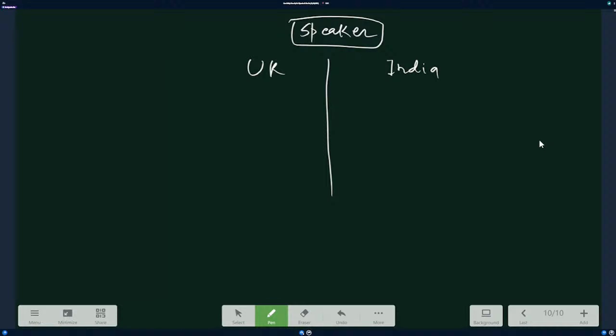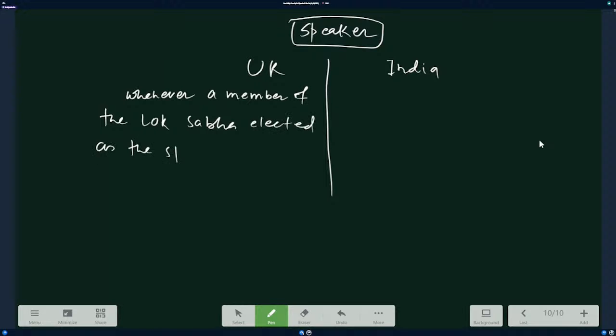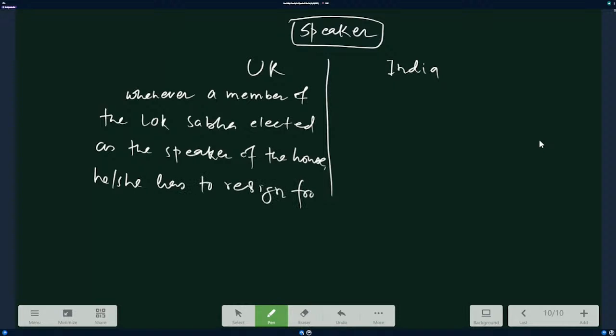So here you can write: whenever a member of the Lok Sabha is elected as the Speaker of the house, he or she has to resign from party membership.